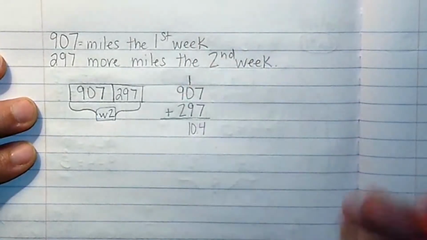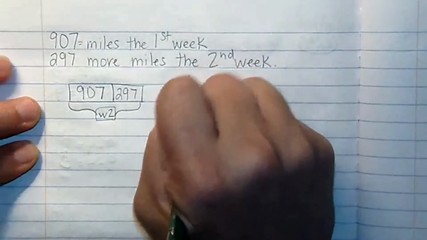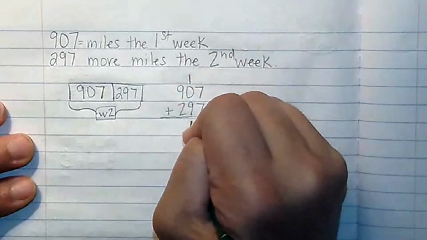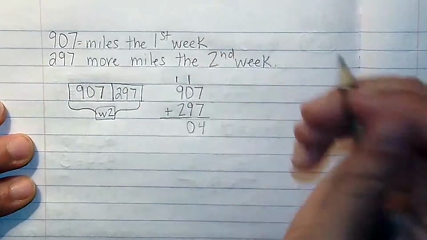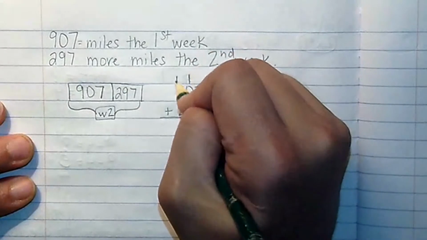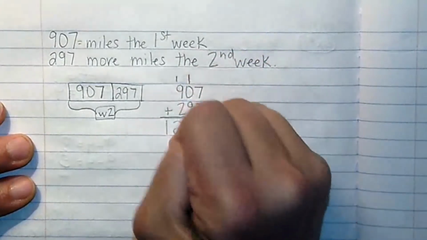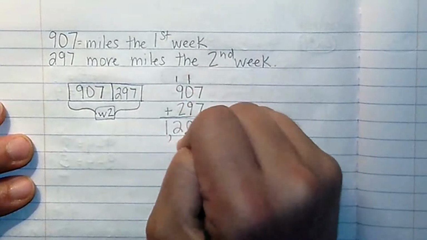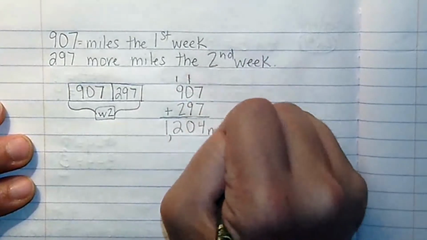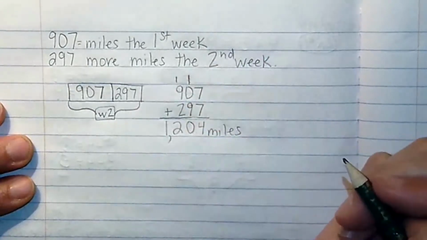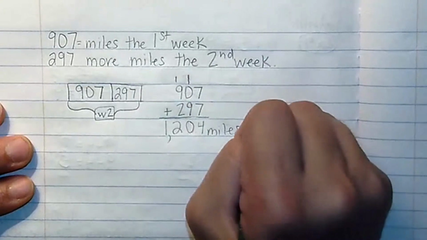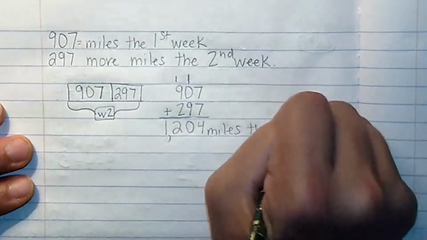Am I allowed to do that? No. So the 0 can stay, but my 1 has to be carried next door again. 9 plus 1 is 10, plus 2 more is 12. 1,204 miles. Is that total? No, that's just the second week.